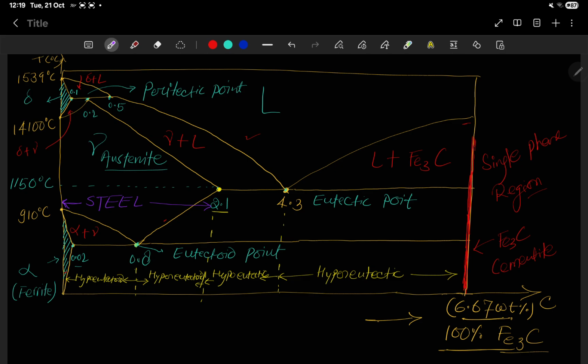And the region which is beyond 2.1 weight percentage of carbon is called cast iron.